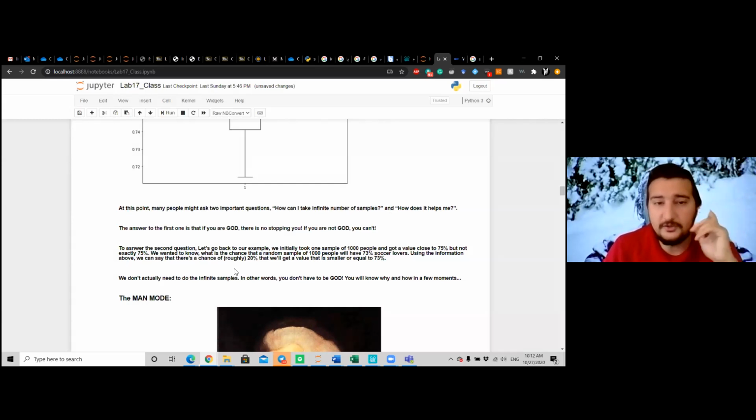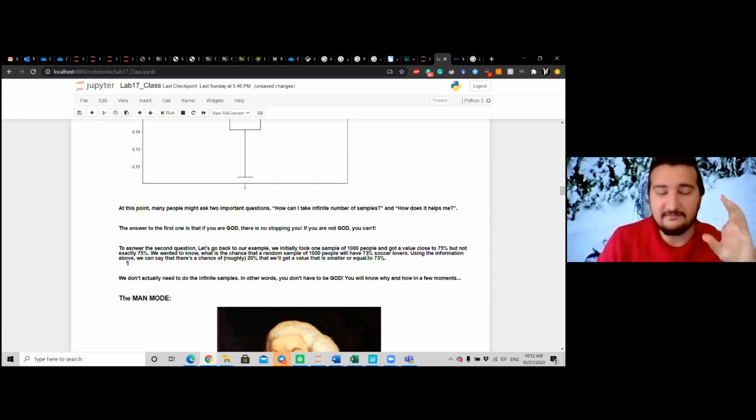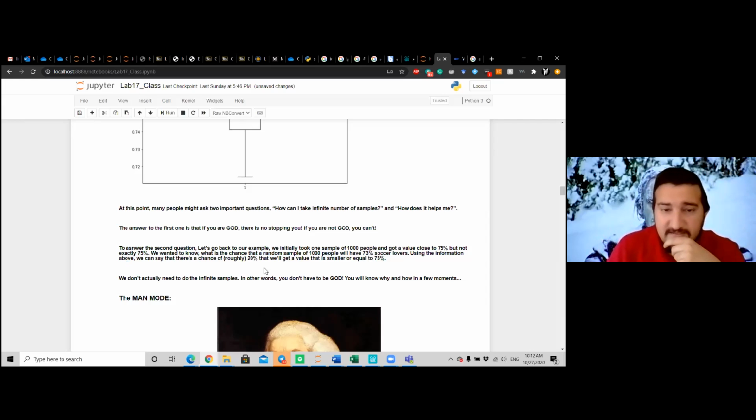We wanted to know, what is the chance that a random sample of 1,000 people from Italy will have 73% soccer lovers? Using the information above, we can say that there is a chance of roughly 20% that we will get a value that is smaller or equal to 73%.